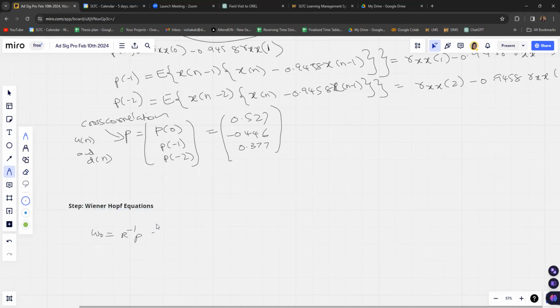So R inverse P will give the optimal filter coefficients. Right? R inverse P will give the optimal filter coefficients. So by finding that, you can find the value of W naught, the optimal filter coefficients.